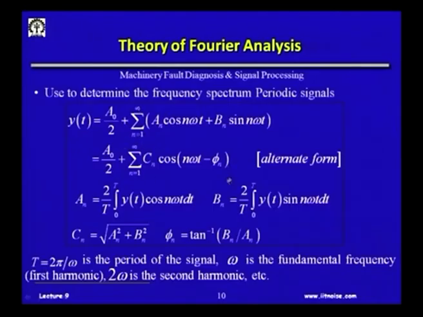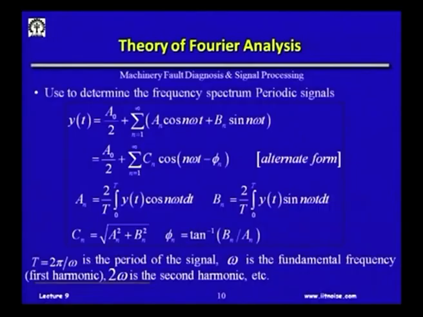There is another way of representing this, but we can find the components a_n and b_n by this integration. Okay, I will not go into the details of this, but I will just tell you the fact that to determine a_n and b_n, you will see from this equation that y(t) has to be mathematically known to me.